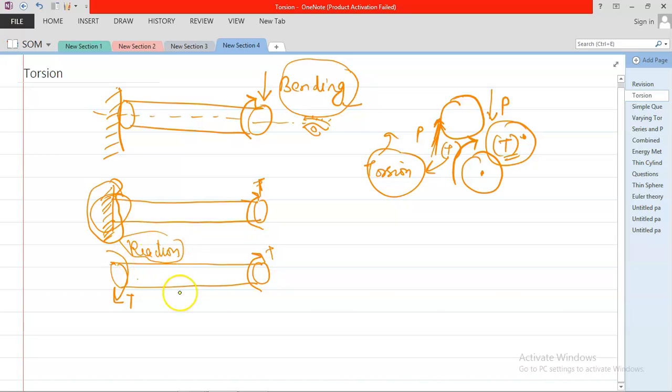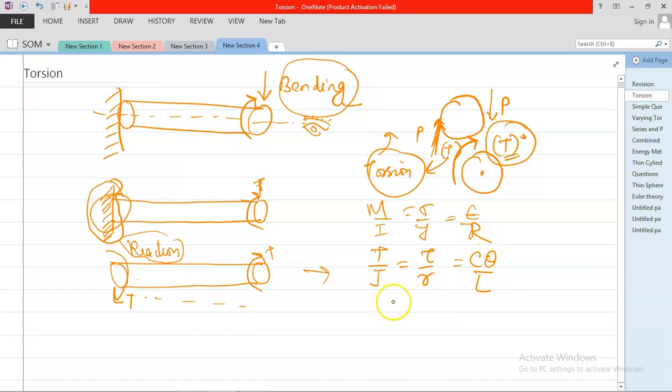Now for this type of body, the equation is just like the bending equation, what we write as M by I is equal to sigma by y is equal to E by R. Here we write it as T by J is equal to tau by R is equal to C theta by L. Now what is the meaning of every component?